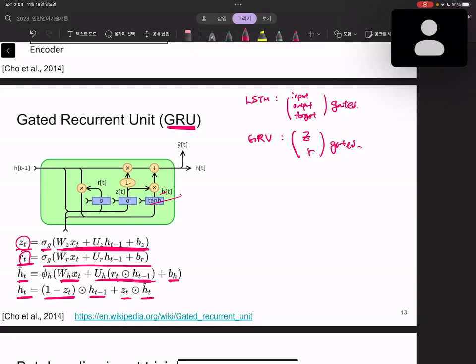And the important thing is that they are not used in general in the natural language processing field nowadays. LSTM is sometimes used for speech recognition tasks, but in natural language processing, we do not use LSTM or GRU anymore.